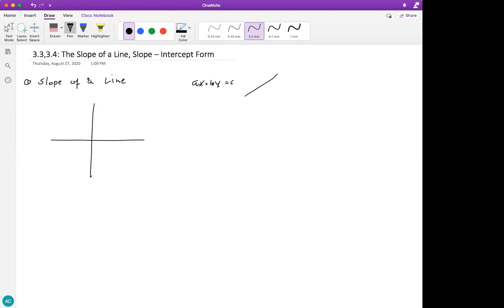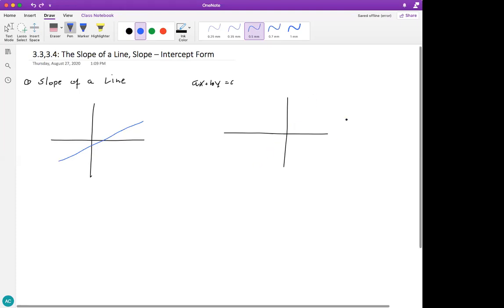So we're going to continue with lines today, but we're going to introduce a new term, like I said, the slope. To understand the slope better, we're going to need a couple of graphs or a couple of lines. So let's draw the first one, maybe like this. The second one, a little like that. It doesn't have to go through the center, but something like this.